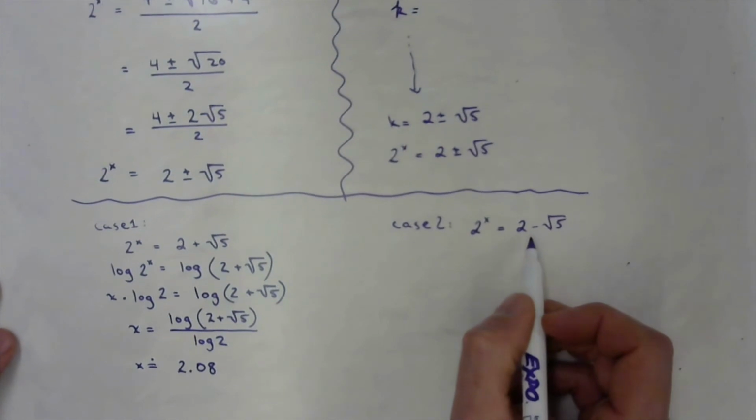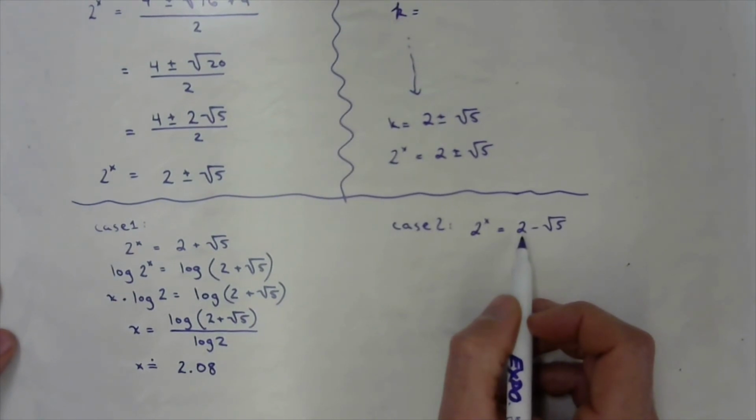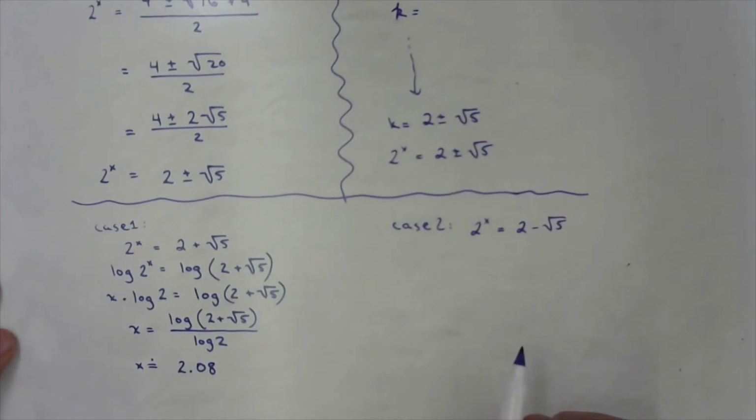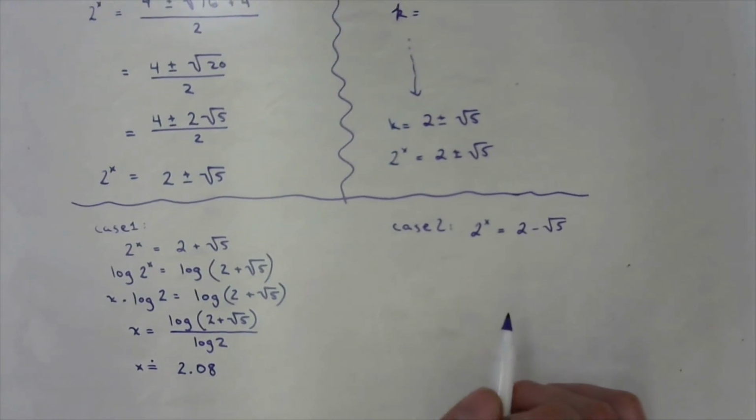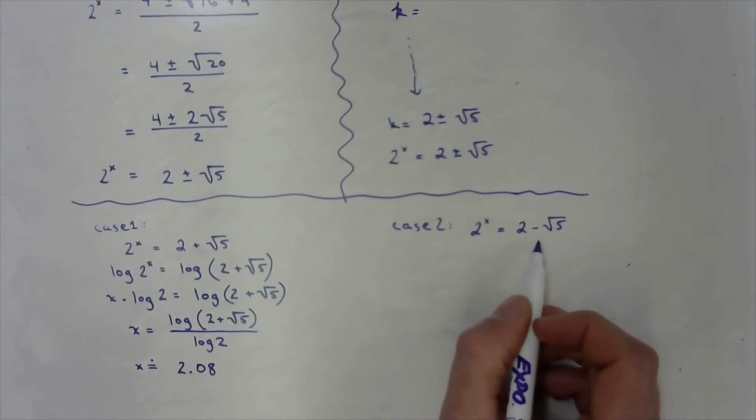But the other case is where you subtract radical 5 from 2. Can you see any problems with that? Well, is any power of 2 going to result in a negative number? Because radical 5 is greater than 2. So this is actually a negative number.